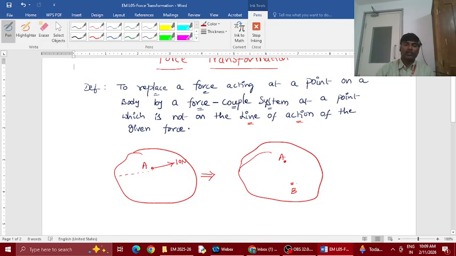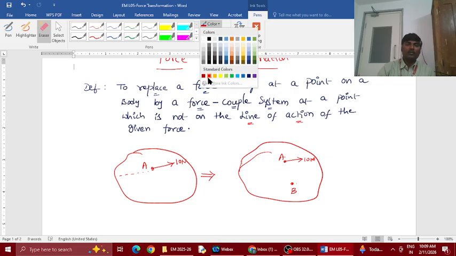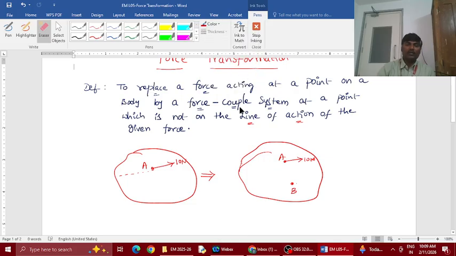Now what I want is a force of 10 newtons and a couple. So what you do is simply apply, you have 10 newtons here, the applied force. Let us go with a different color to identify what you are doing.